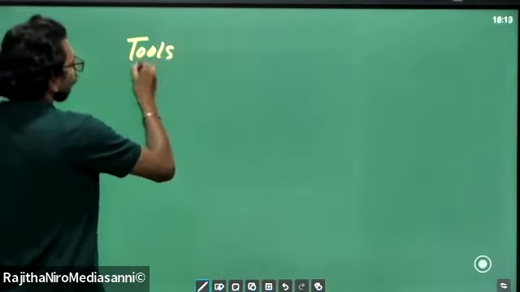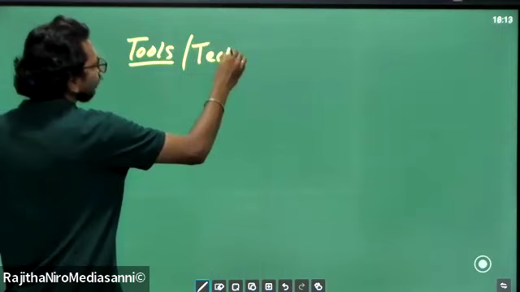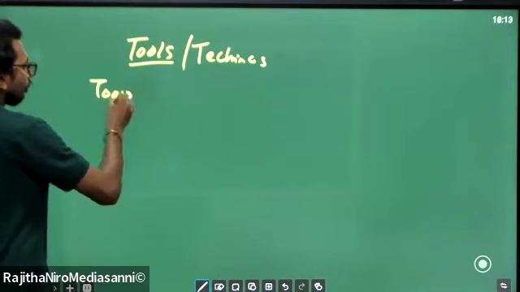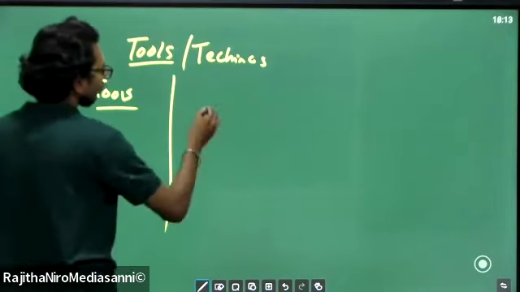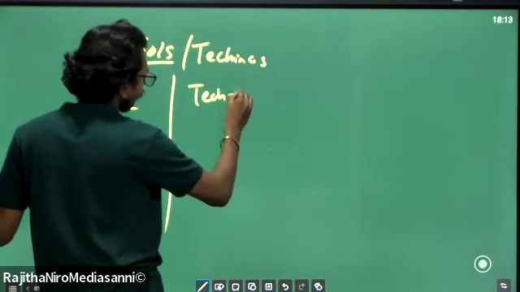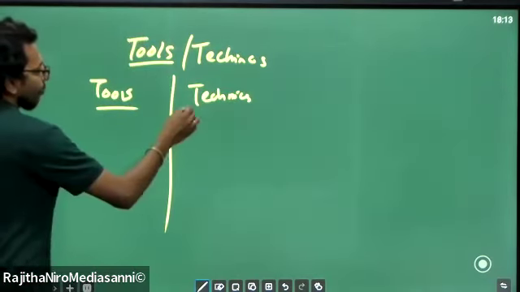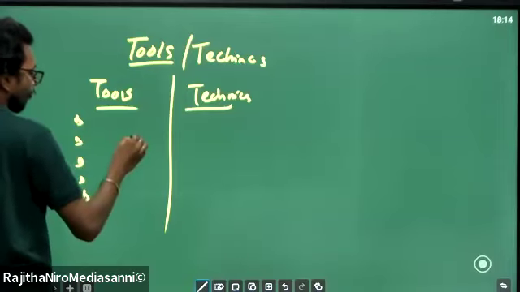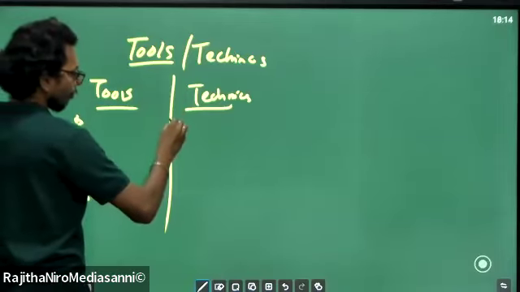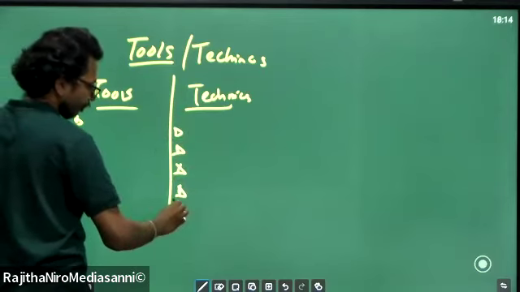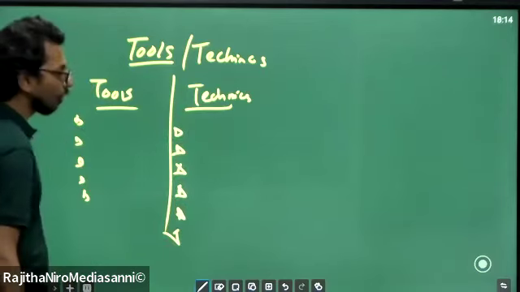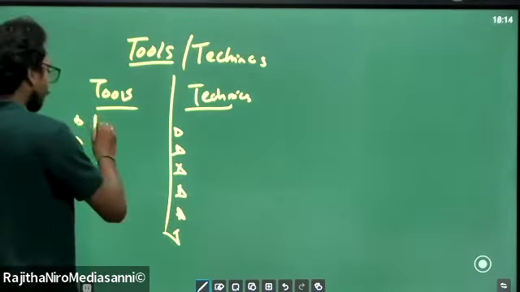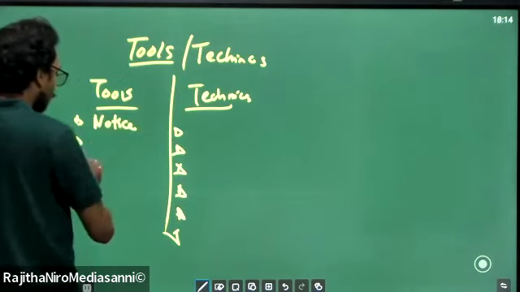Tools are there, techniques are there. That's the point. Tools, what type of things can we see? The notice we can use as a tool.